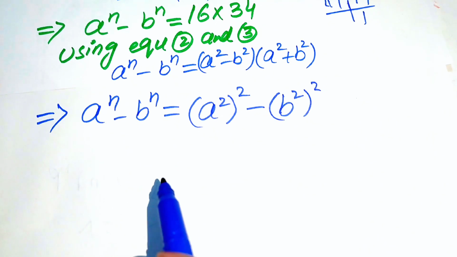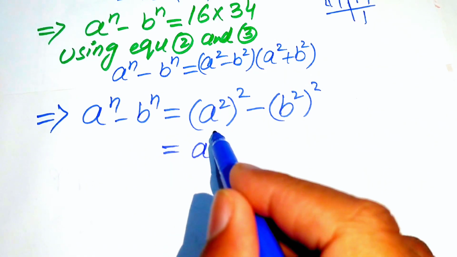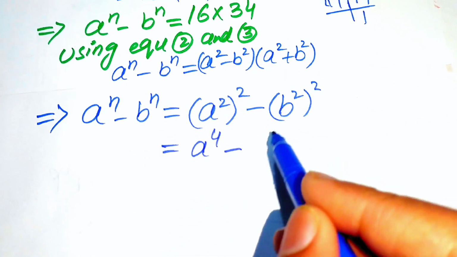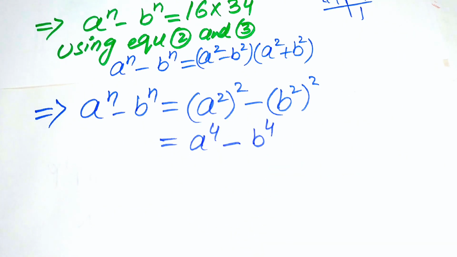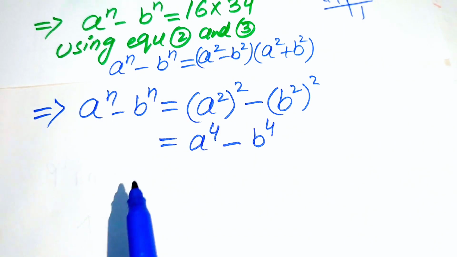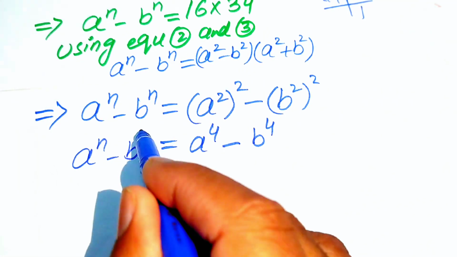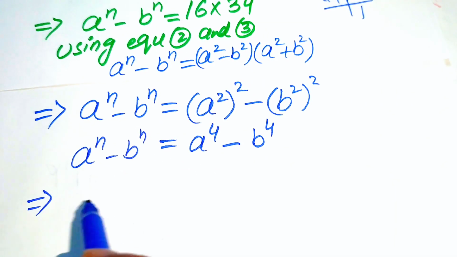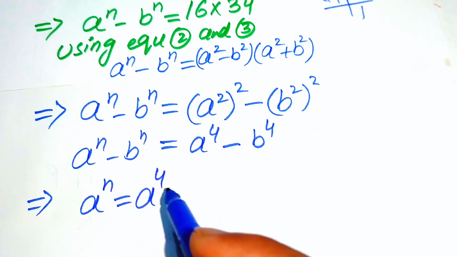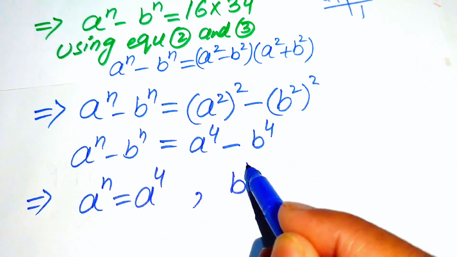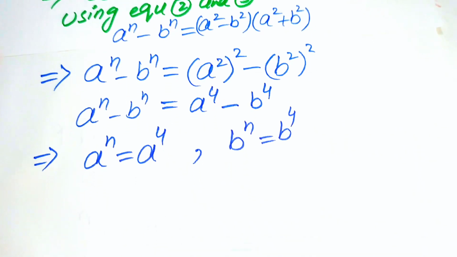Here a square and its whole square equals a to the power of 4, and b square and its whole square equals b to the power of 4. Now we compare both sides, and we get a to the power of n equals a to the power of 4, and b to the power of n equals b to the power of 4.